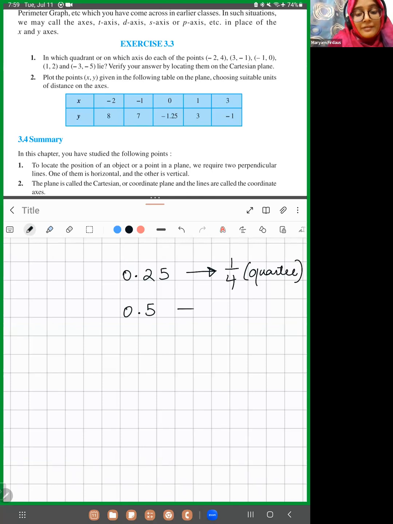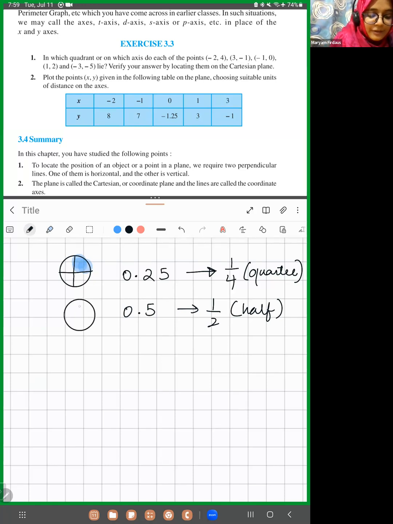And what is 0.5? It is a half. Now a quarter means, let's say you have a pizza and you divide it into 4 pieces and you ate a quarter of this. This is a quarter. And half is you're eating this much.